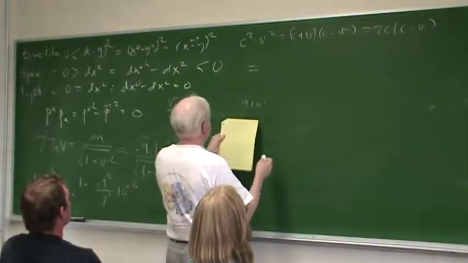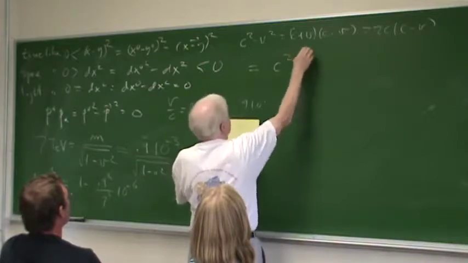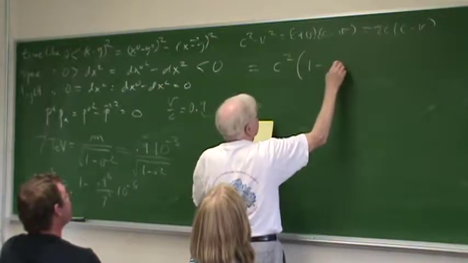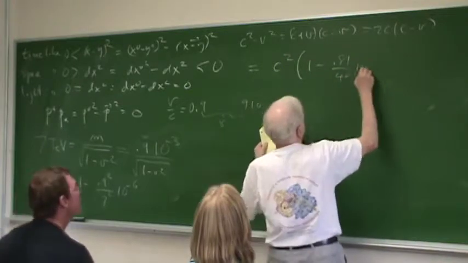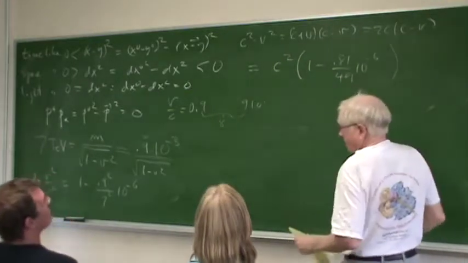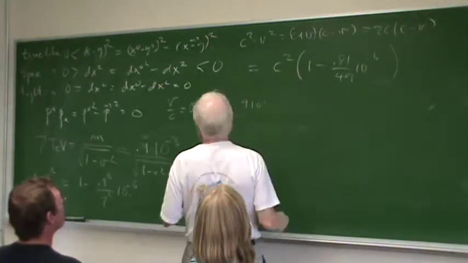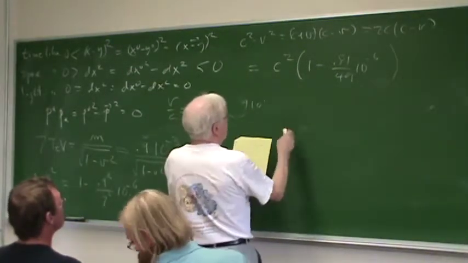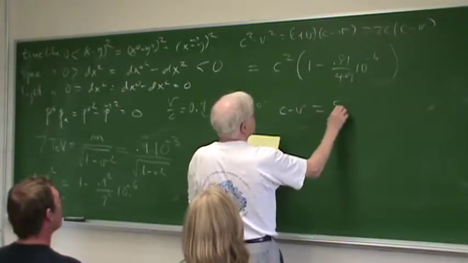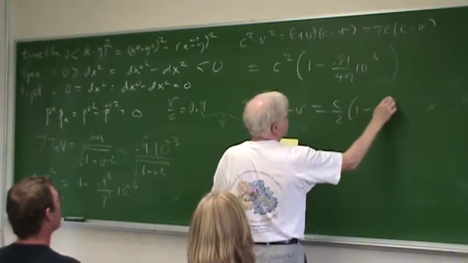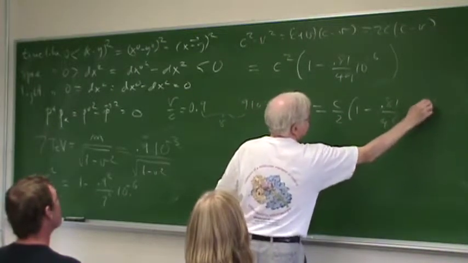So this is c squared times 1 minus, well, it's 0.81 over 49, about 10 to the minus 6. So that's this thing. We have to multiply by c squared. So that gives us c minus v is c over 2 times 1 minus 0.81 over 49, 10 to the minus 6.